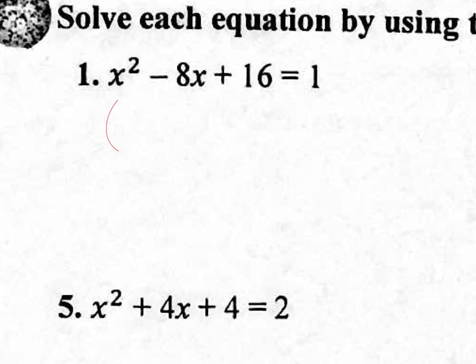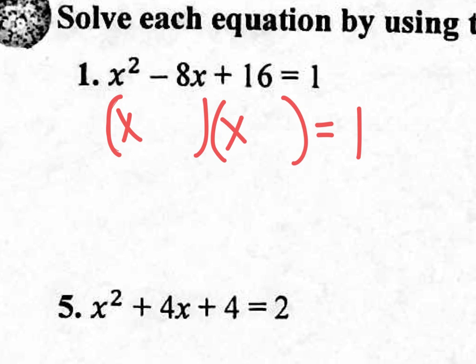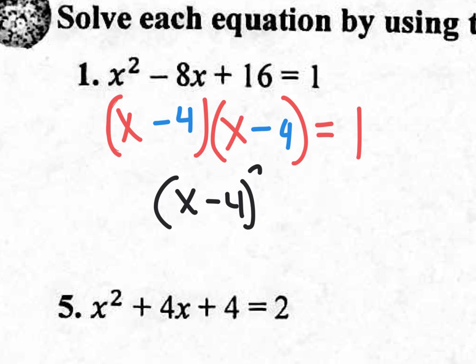So on number one, you would think what times what is that C value that if you combine together is the B value. So you have your x, and that would be a -4 and a -4. So you're going to be able to write that as x minus 4 squared equals 1.